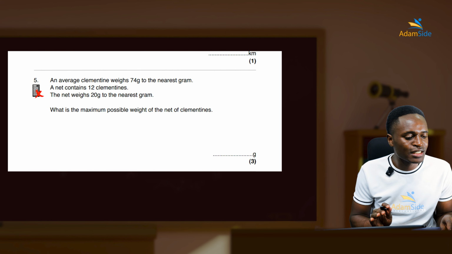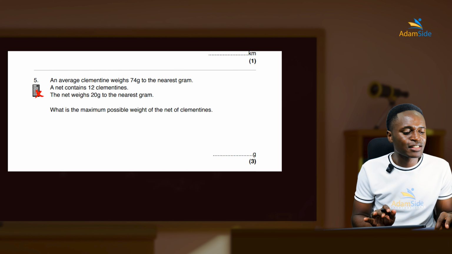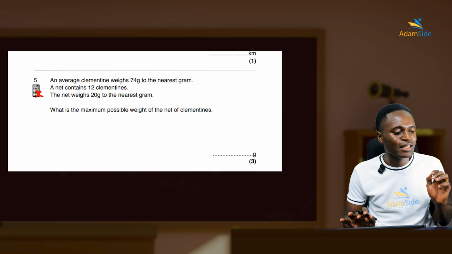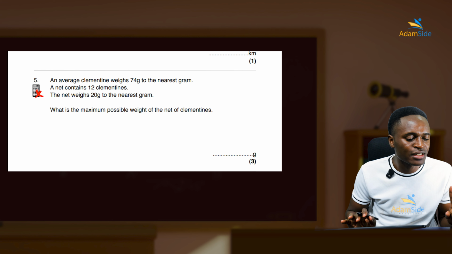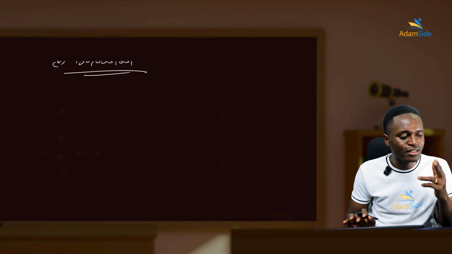Find the least and greatest total length of 6 sausages, each measuring 8 centimeters to the nearest centimeter. Now, that's easy. We're finding the total length.